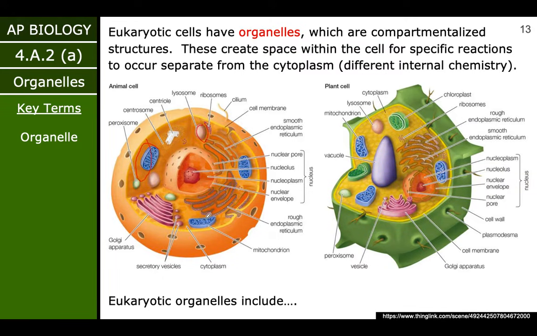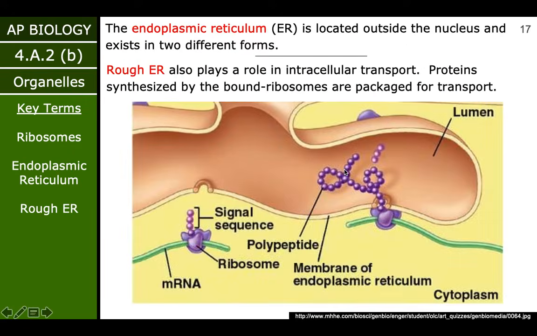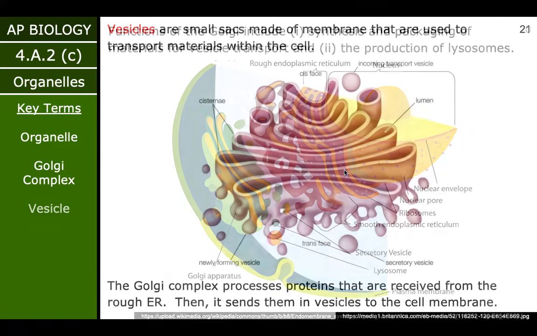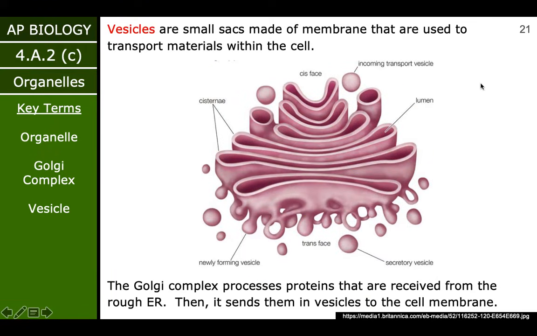Now, if I am transporting something dangerous from, let's say, this part of the cell, and I'm trying to get it out of the cell, maybe it's a poison, something like that, I don't want it touching stuff, right? So I'm going to put it in its own little safety bubble and then let it leave. And we're going to get more into that with the next chapter. But just realize that we need ways to transport things. And so that's what vesicles are for. They're little bubbles that you can transport stuff in.